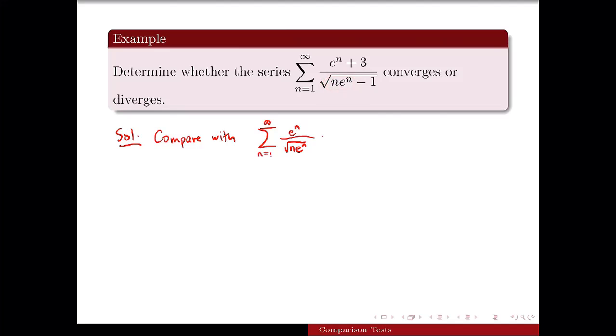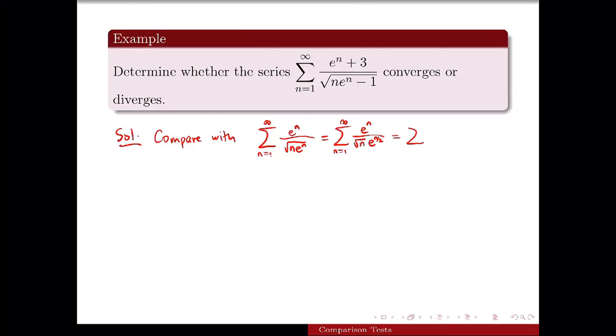And then what is this? Let us simplify this. The series, so e to the n over square root of n, and then e raised to n over 2. Square root of e to the n is e to the n over 2. So n from 1 up to plus infinity.